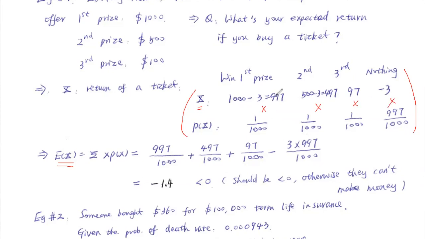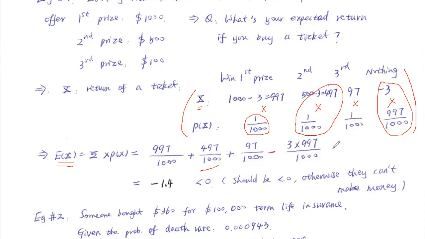So 997 multiplied by 1 over 1,000 is 997 divided by 1,000. Follow me? Similarly, 497 multiplied by 1 over 1,000, and the next is 97 over 1,000. The last case, our return is negative $3. If we have a negative, everybody be careful here.